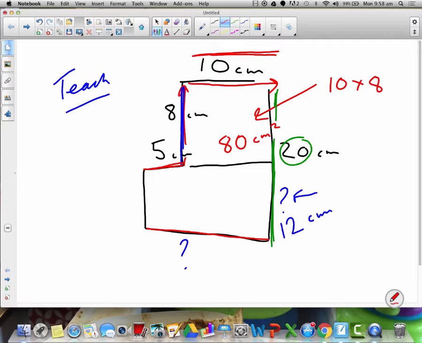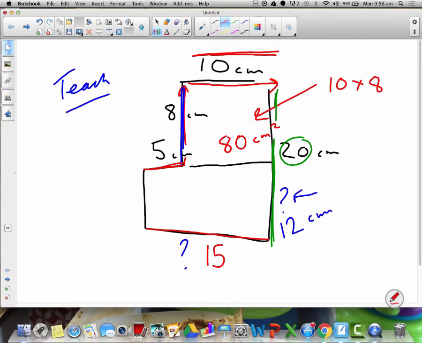Yes? 15. Right? Which means then we've got to do 12 times 15. You should just do the sum.